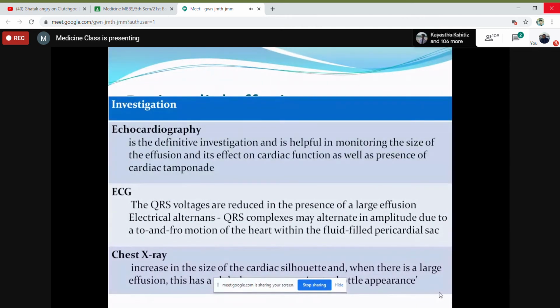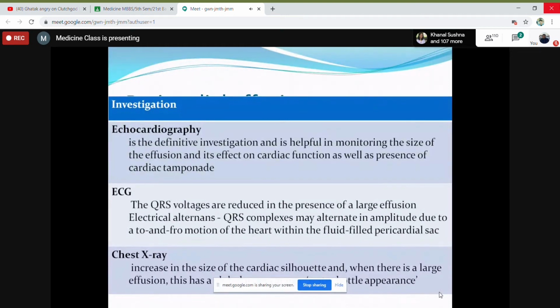But some of the patients may also have electrical alternans. In electrical alternans, the QRS complex may alter in amplitude with each beat.